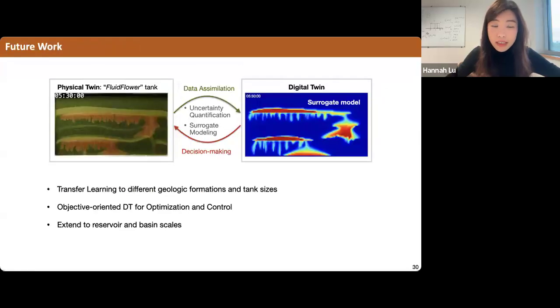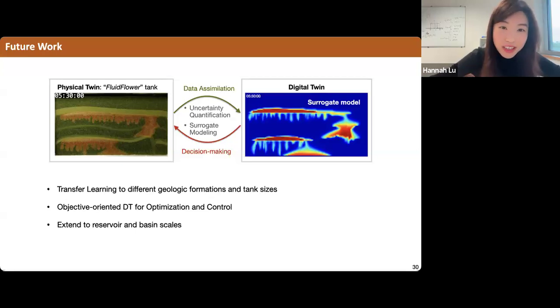So in the end, I think it's towards the development of digital twins. We had in mind how to make all of this real time, how to generalize this to different geological formations and tank sizes and different scenarios, and how to also enable some objective-oriented tasks, for example, optimization or real-time control of the injection and risk controls.